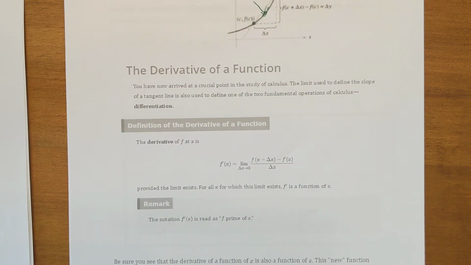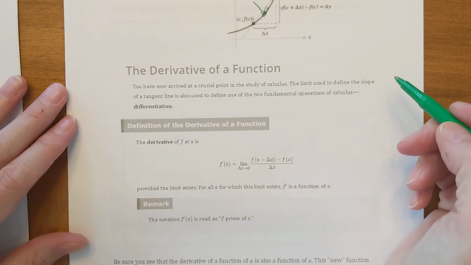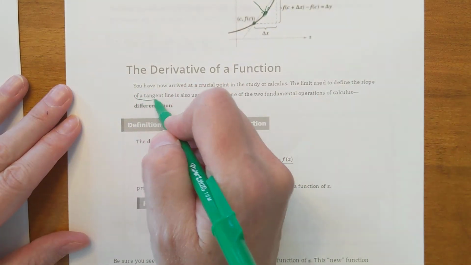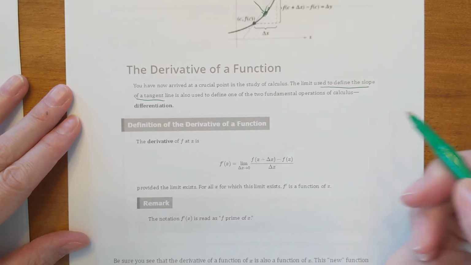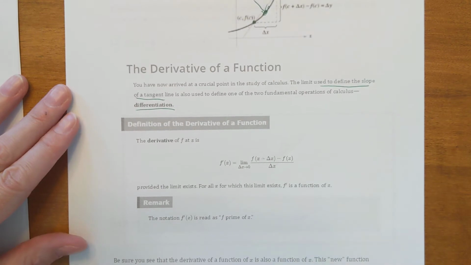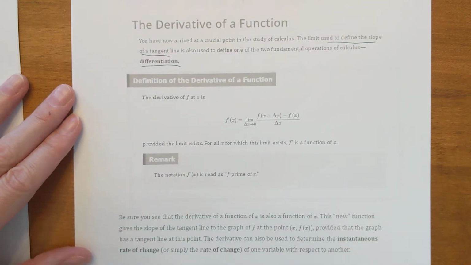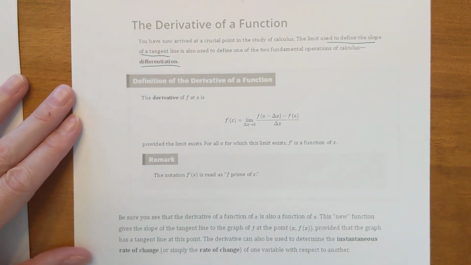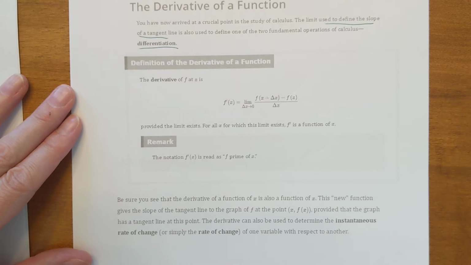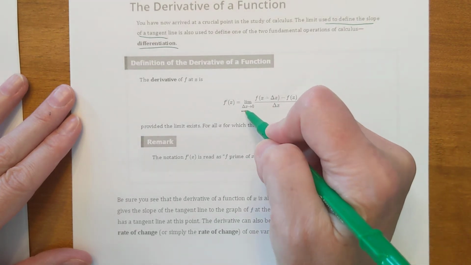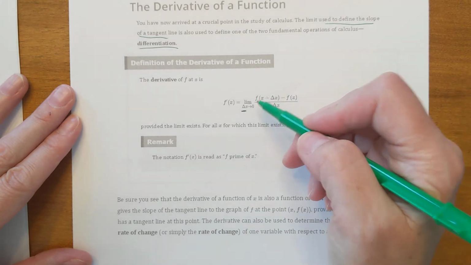So the limit is used to define the slope of a tangent line. And it's also used to define one of the 2 fundamental operations in calculus, differentiation. Differentiation is finding the slope at a point on a curve. So this formula, the fundamental idea for calculus, is about finding the limit as the change in x becomes infinitely small.